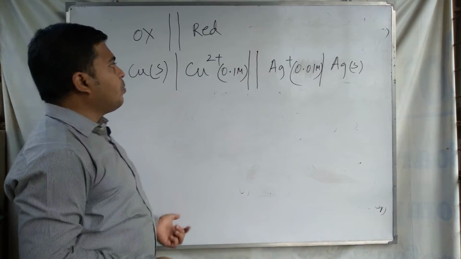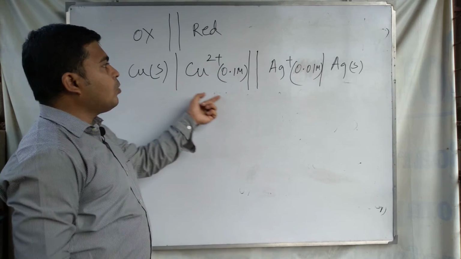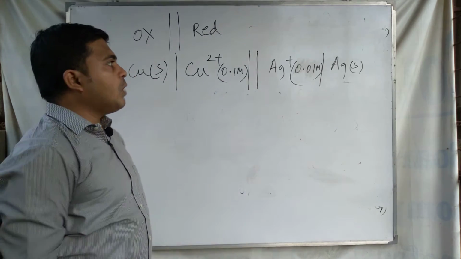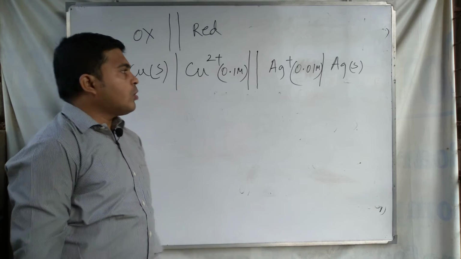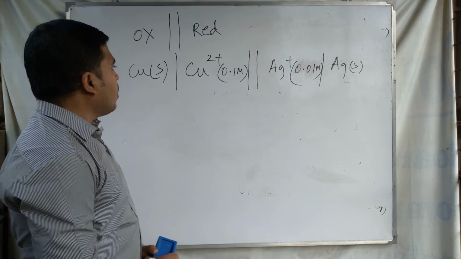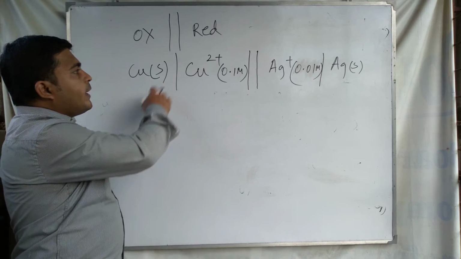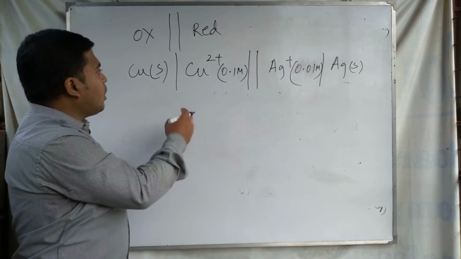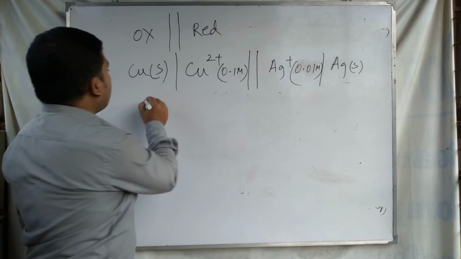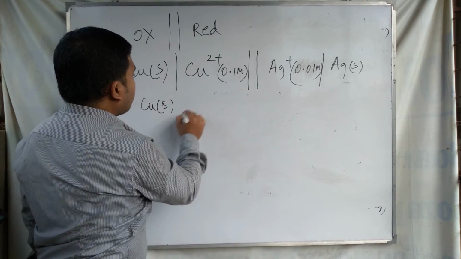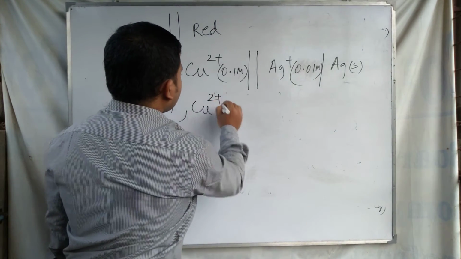In this way you can represent the concentration of the copper 2 plus and silver plus, or this type of electrolyte solution concentration, and in between the solid and aqueous solution of the metal you can also represent a comma like this one.